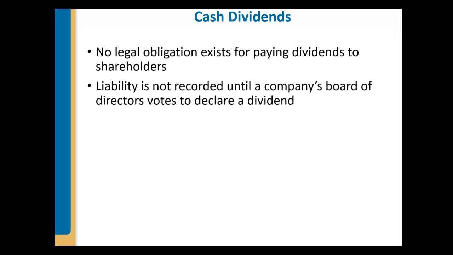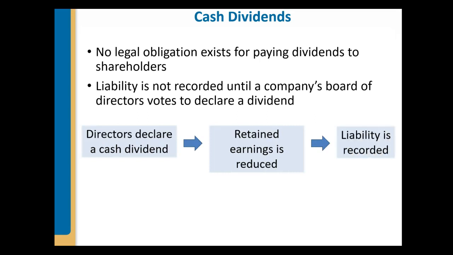So paying interest to creditors is a contractual obligation. No such legal obligation exists for paying dividends to shareholders. A liability is not recorded until a company's board of directors votes to declare a dividend.